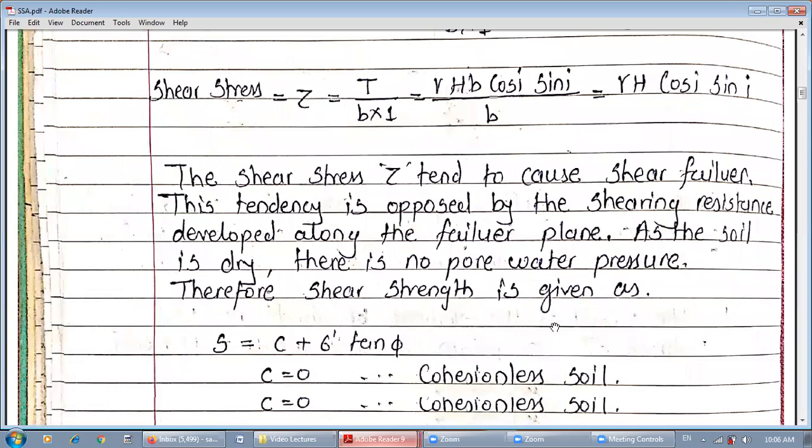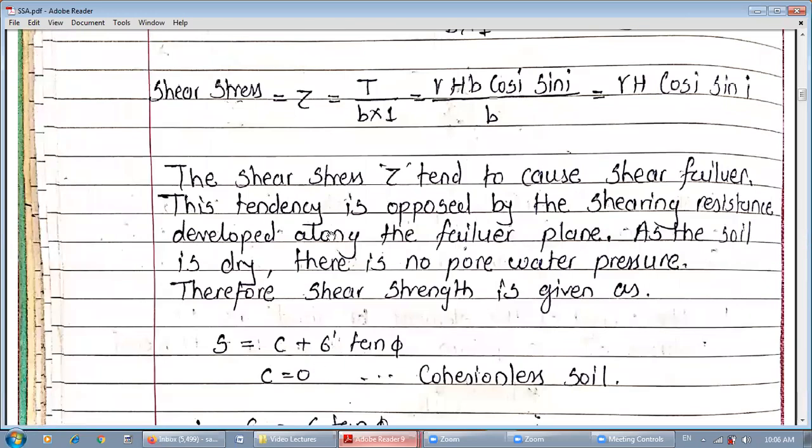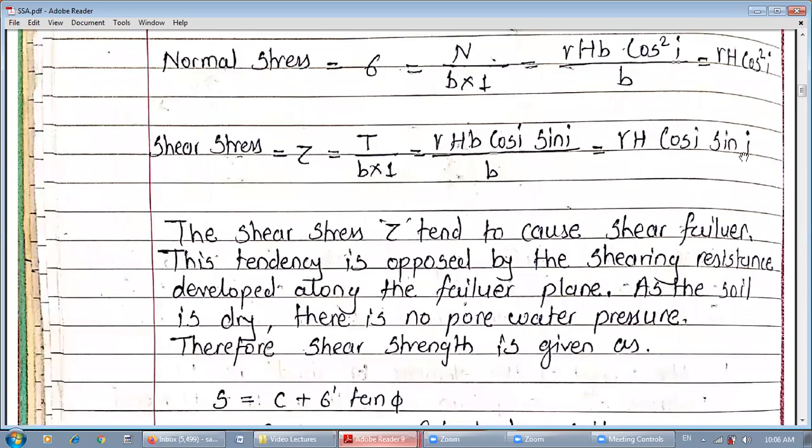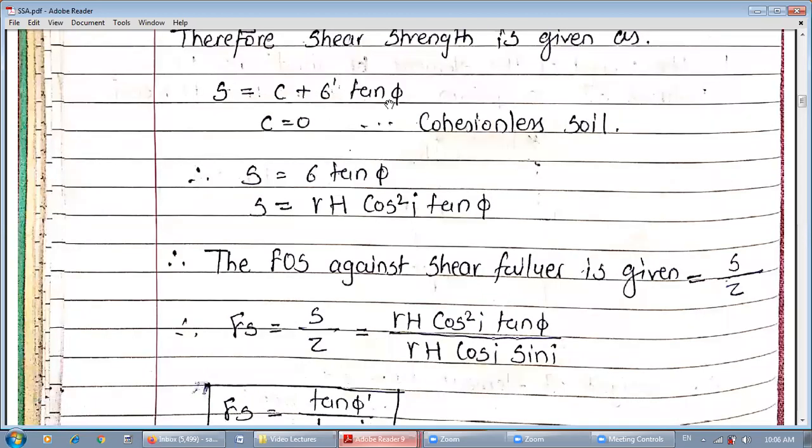So we know the definition of factor of safety. Yes, that is shear strength divided by mobilized shear stress. We know the mobilized shear stress is gamma H into cos I into sin I. And shear strength s is C plus sigma tan phi. As we are looking for cohesionless soil, dry cohesionless soil, C will be equal to 0.